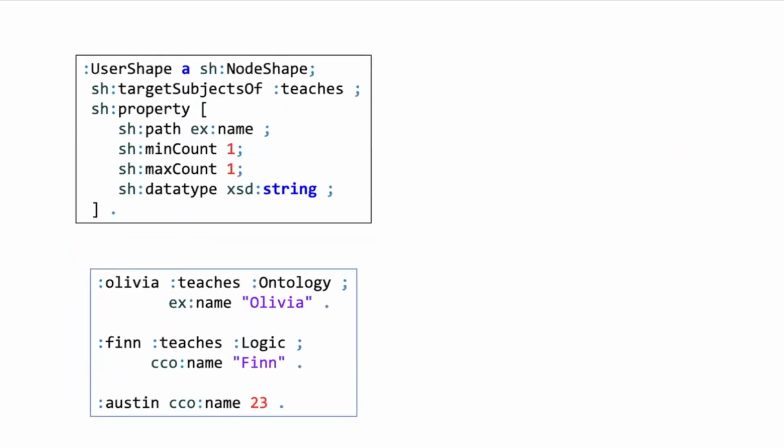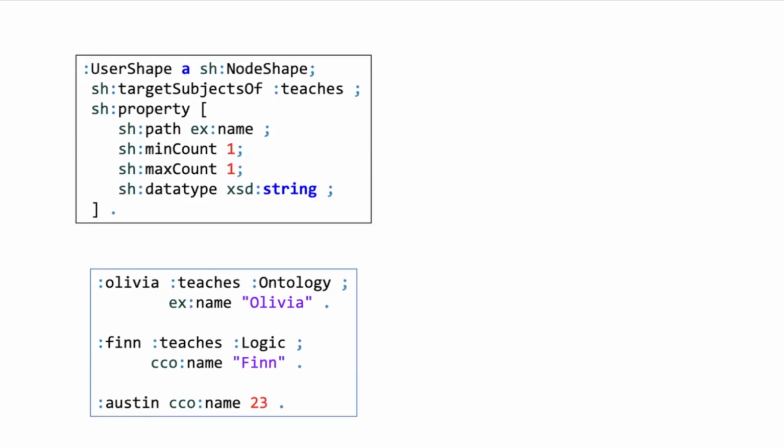Also, the target subjects of. Remember, this is a way you can pick out the relata of relations. This one's the target subject, so it's the first part of the relation, the first thing that's related. In this case, you're talking about the relationship through teaches.